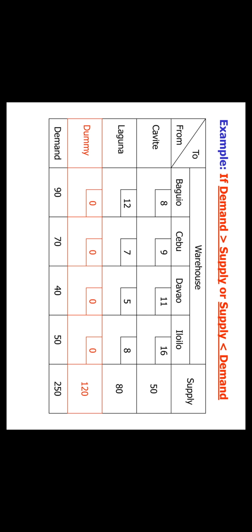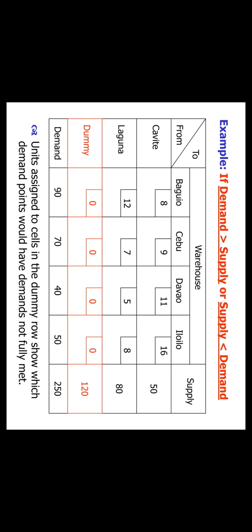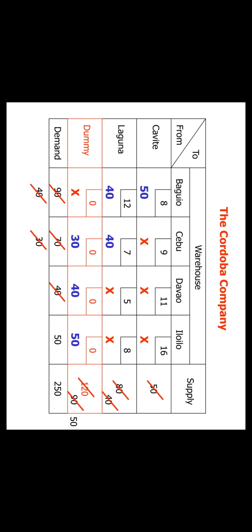So, similar to our earlier discussion, this time around, units assigned to cells in the dummy row would show which demand points would have demands that are not fully met. So again, applying a simple northwest corner rule heuristic, it shows here that 30 units out of the 70 units of demand of Cebu would not be met, and then the entire demand of Davao and Iloilo would also not be met.